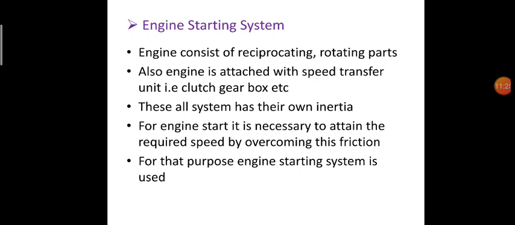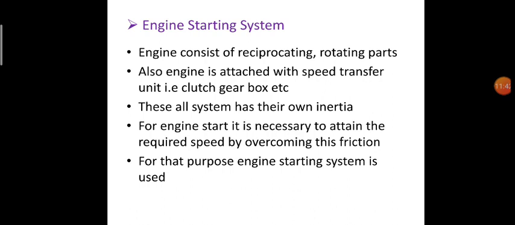As we know, an engine consists of reciprocating and rotating parts. These parts have their own mass inertia. Now the engine is attached with a speed transfer unit, that is the clutch, gearbox, etc. They have their own mass inertia.